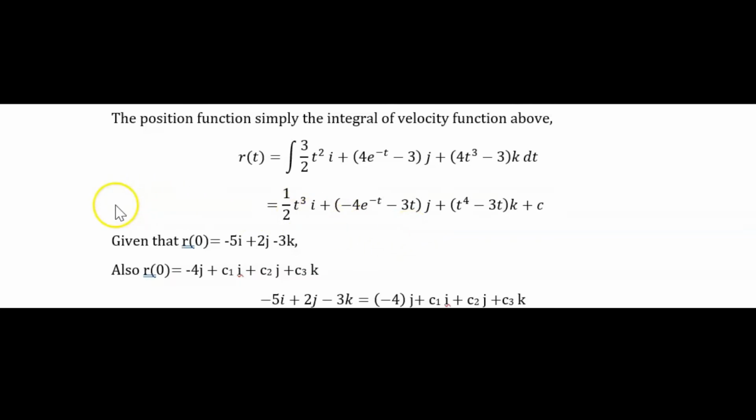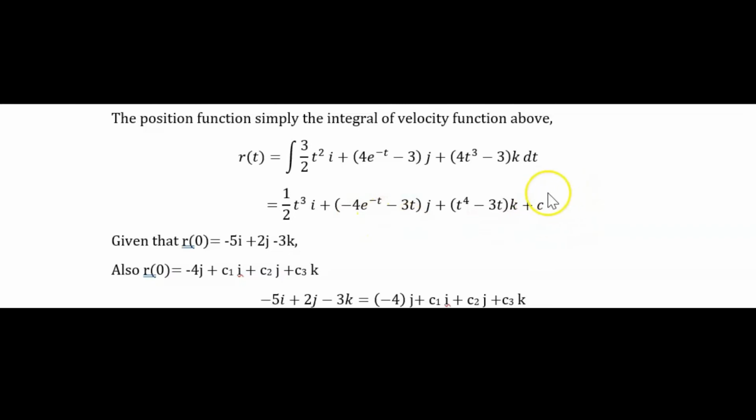The initial position, we knew that t will be at 0, so we replace the value of t here with 0. Note that anything to the power of 0, the answer will be 1. Therefore, when we replace t equal to 0, we'll get negative 4j plus c.